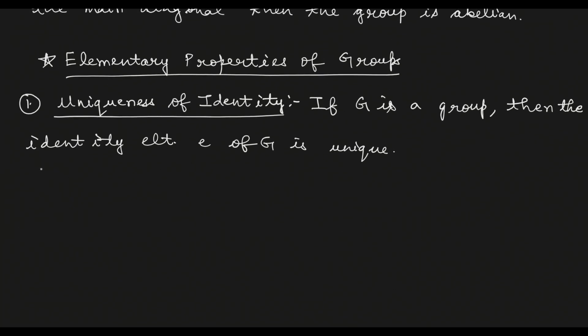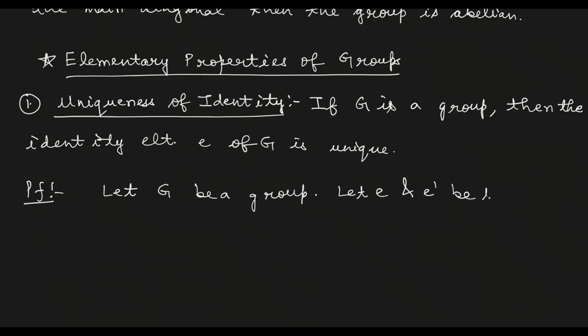Let us discuss its small proof also. Let G be a group. Let e and e dash be the identity elements, and I want to show that identity is unique. So I need to show that e equal to e dash.